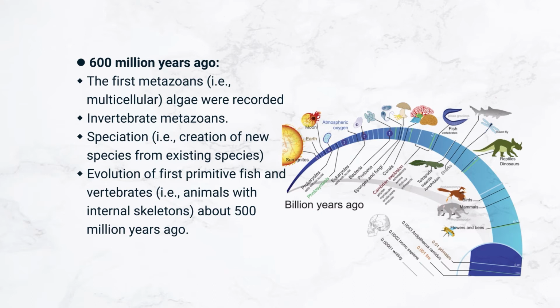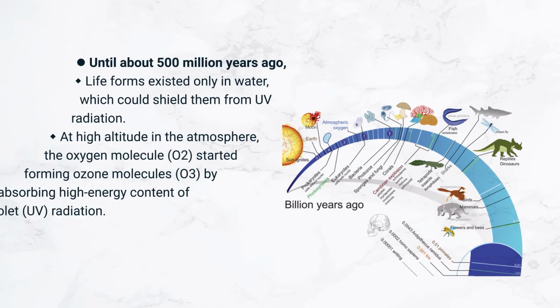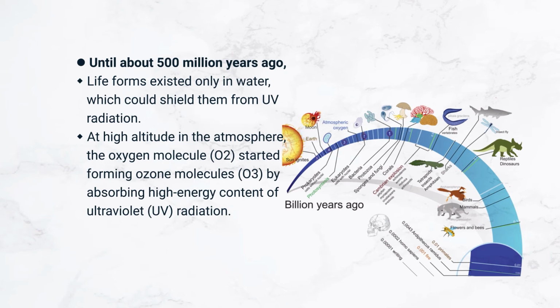That is, fish or animals with internal skeletons, which took place about 500 million years ago. Until 500 million years ago, life forms existed only in water. That may be because the water could shield them from ultraviolet radiation.